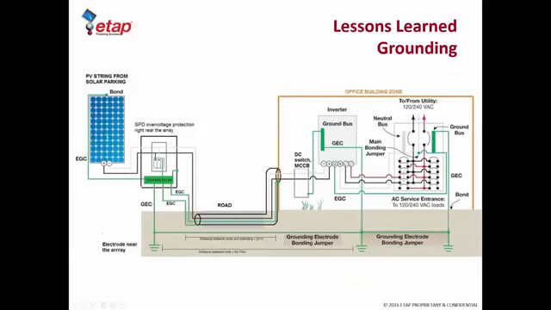This is the PV string from our solar car park, and we took the bond from the aluminum frame of the PV panel to a grounding bus bar within the combiner box.